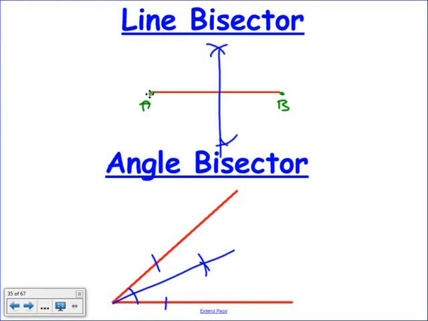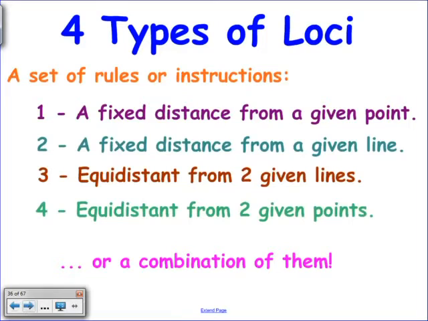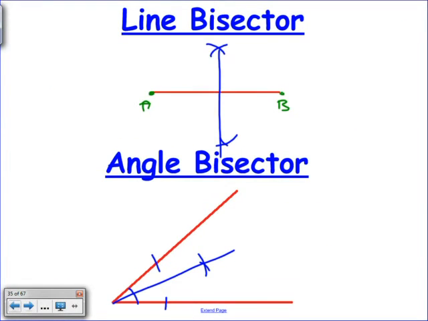Not only does it cut this angle perfectly in half, it also puts a line exactly the same distance from that line as that line, which was in your homework the other night. Okay? So as far as loci are concerned, what we've just done, equidistant from 2 given lines, equidistant from 2 given points, is this. So loci 3 and 4 is bisecting a line, bisecting an angle.